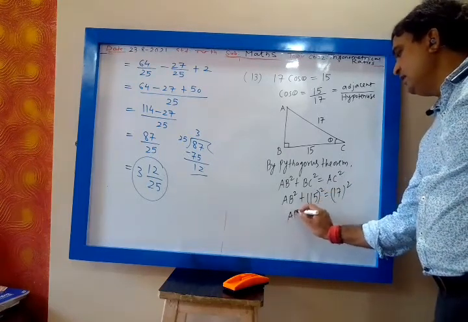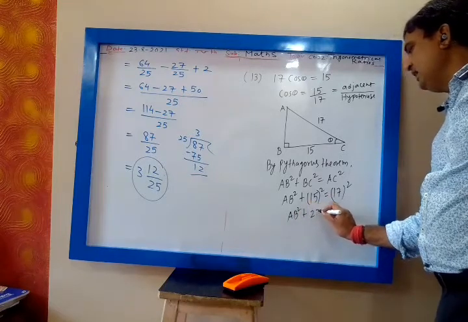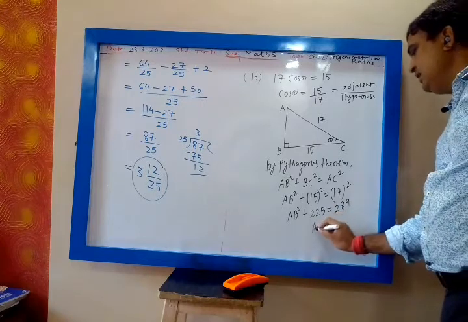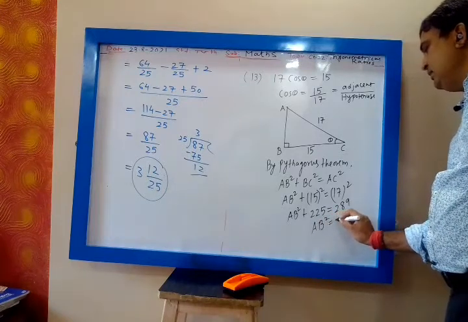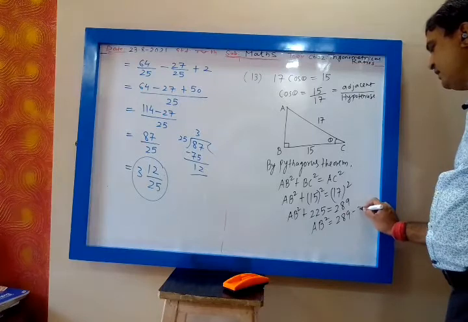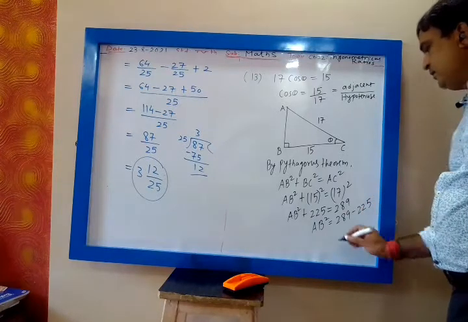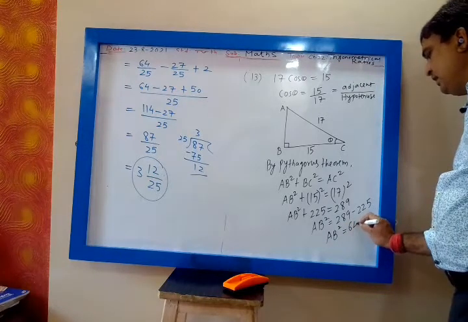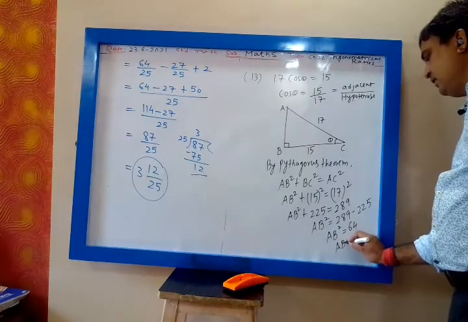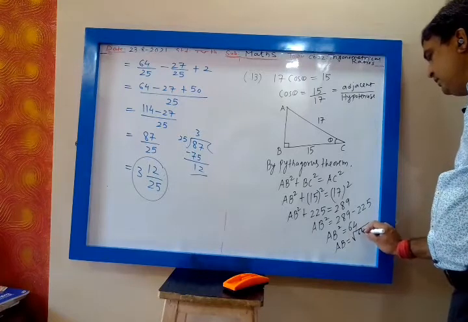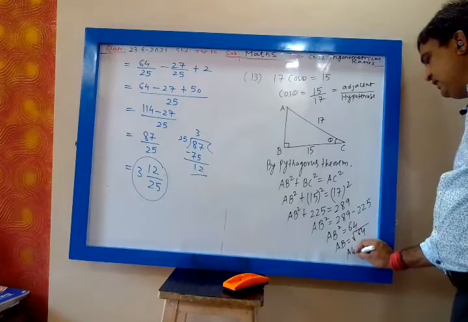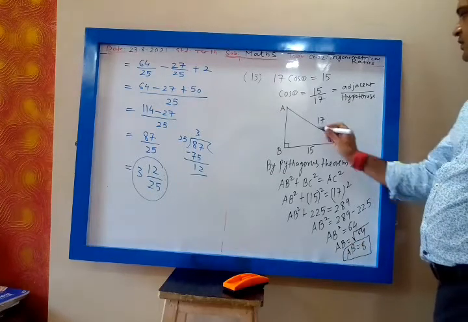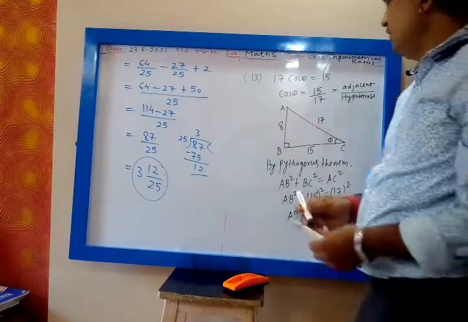So AB square plus 225 is equal to 289. So AB square is 289 minus 225, that is 64. AB is root 64. So AB is 8. Now what is asked?